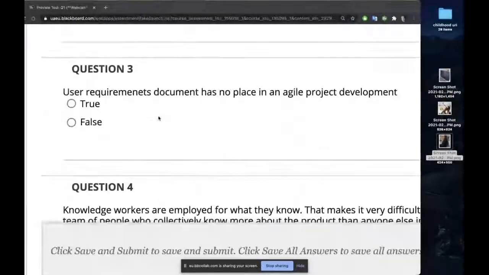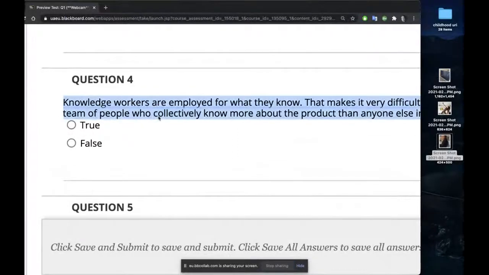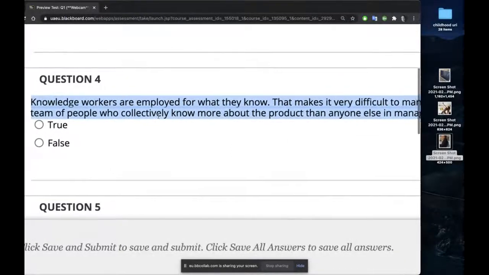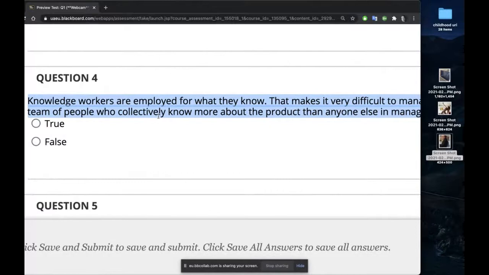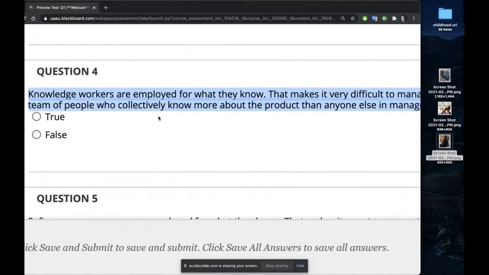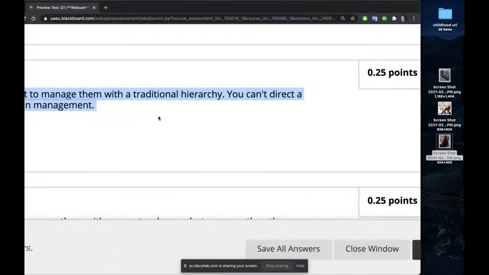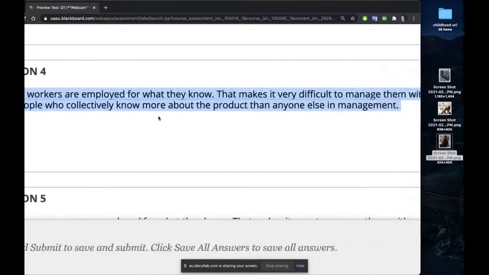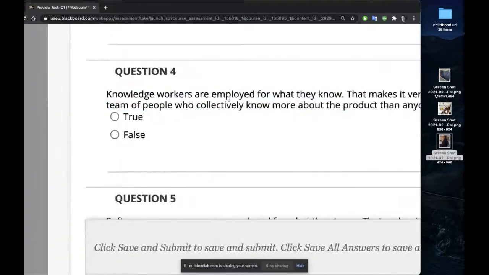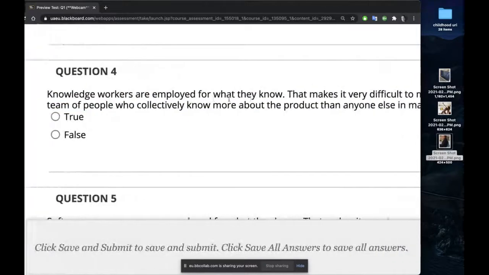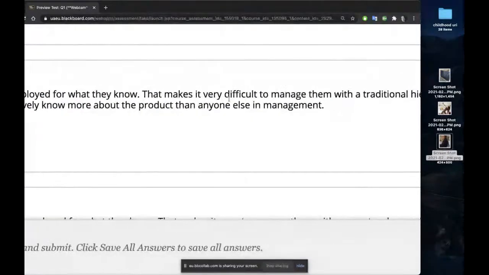Excellent. Number 4, it's the same question as last year, by the way. Knowledge workers are employed for what they know. That makes it very difficult to manage them with a traditional hierarchy. Why? You can direct a team of people who collectively or individually know more about the product than anyone else in management.